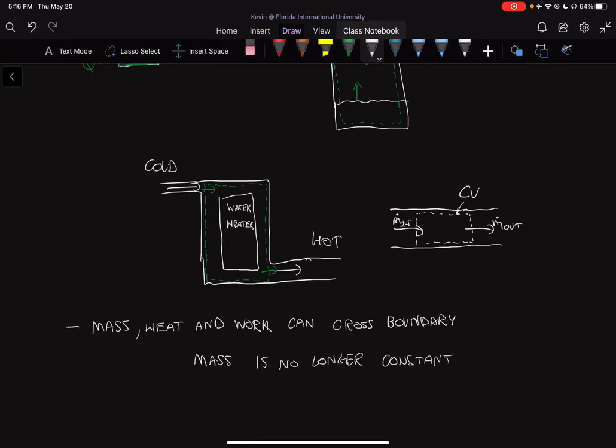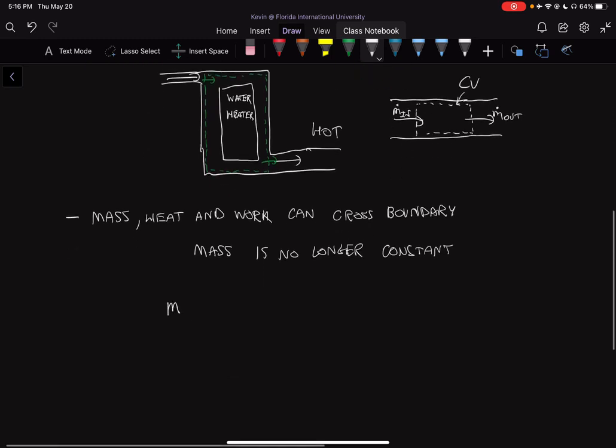So we can write an equation for conservation of mass that says that the mass into the system minus the mass out of the system is equal to the change in mass in the control volume. So if we start with a tank with 1 liter of water, and then we add 10 liters of water, and we don't take any water out, that means that the change in the mass of the control volume is 10 kilograms, for example, if 1 liter is equal to 1 kilogram.